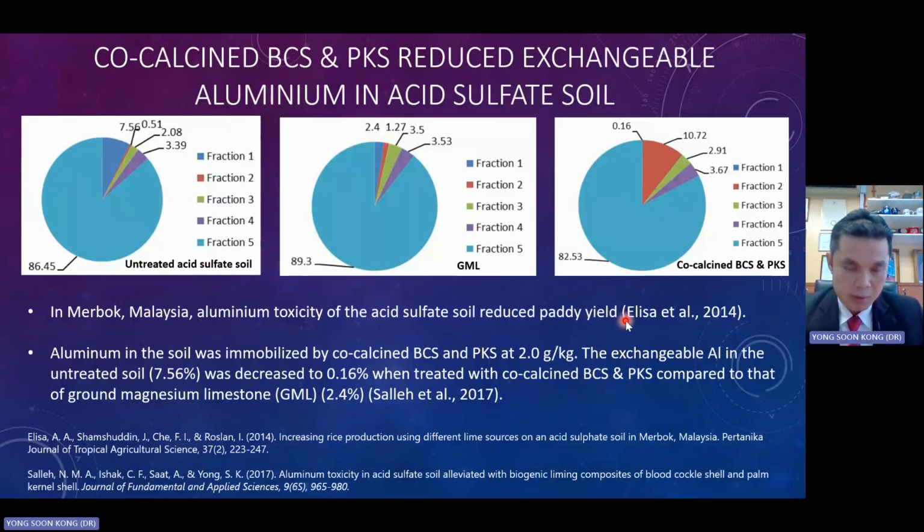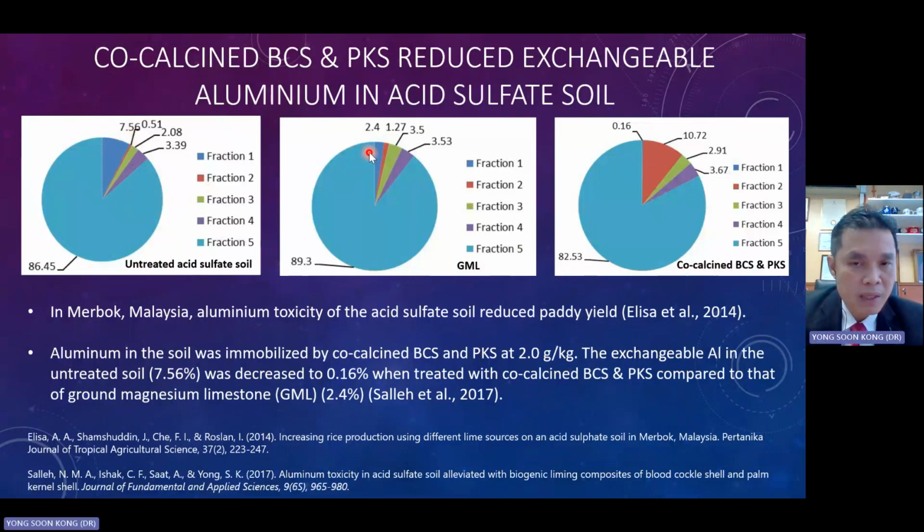Now, the research done by myself compares the effectiveness of different kinds of liming agent: one that is ground magnesium limestone, the commercial one used primarily by farmers, and another one produced by me, the co-calcined blood cockle shell with palm kernel shell. And the result shows that it is much better in lowering the exchangeable aluminium. In the untreated acid sulfate soil, the exchangeable aluminium is up to 7.6%.